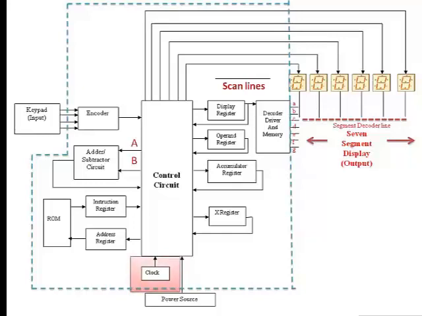The clock subsystem in the calculator pulses all parts of the system at constant frequency from 25 kHz to 500 kHz.